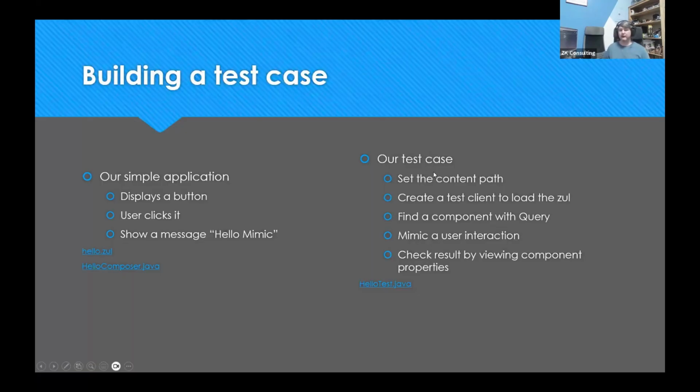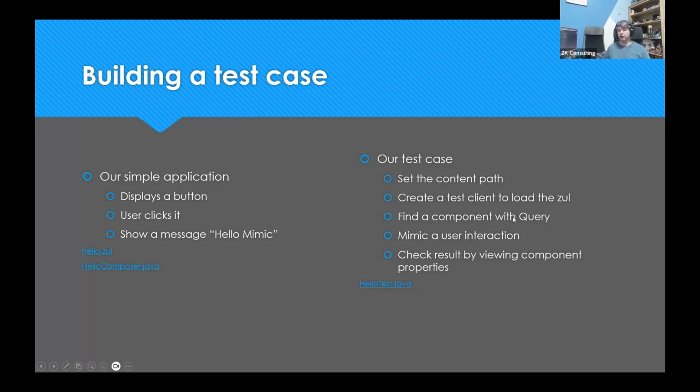To set up our test case, we're going to do all of the following operations. We're going to set the path of our content, being our ZUL file, which itself contains the composer, so we don't need to access the composer directly. We're going to create an emulated client, which is going to act as the browser and read the ZUL file.